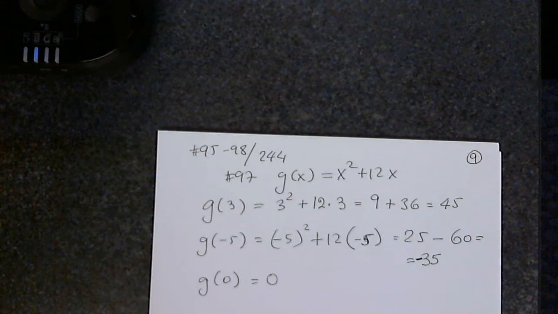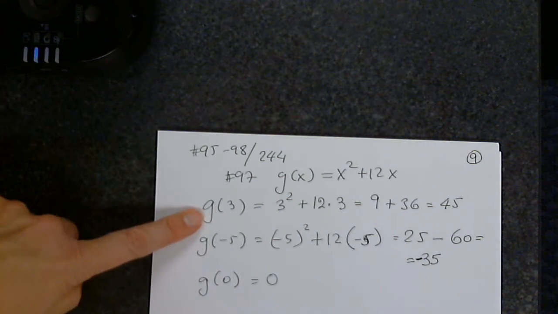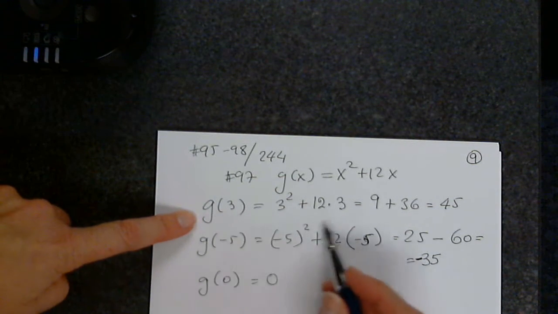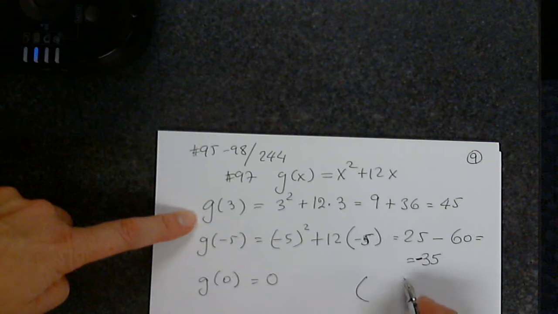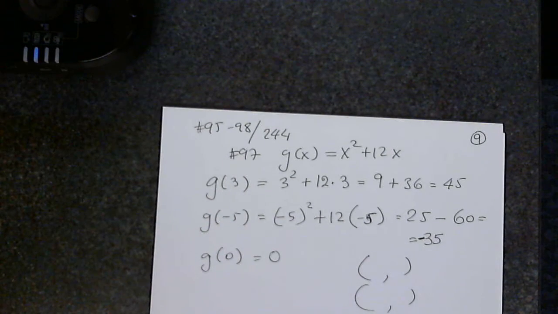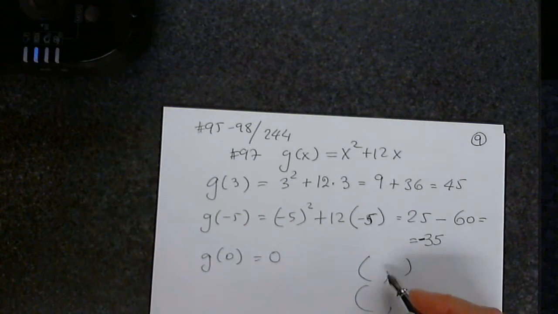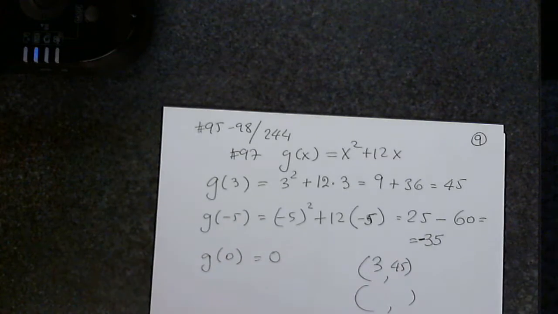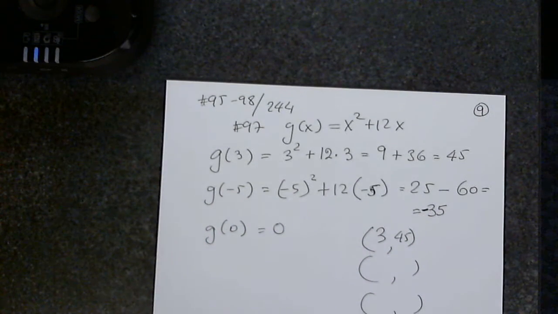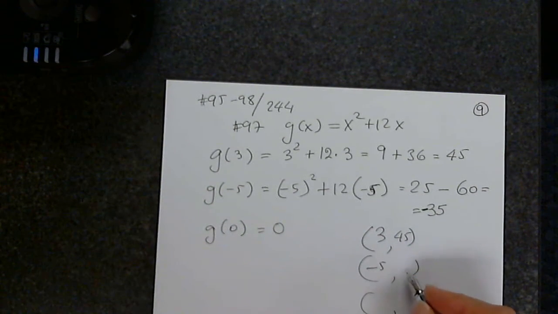Can anyone give us the first ordered pair that we just determined for the function? I'd like to write all 3 ordered pairs that we just determined. What is the ordered pair for the first? Very good. What is the second ordered pair?